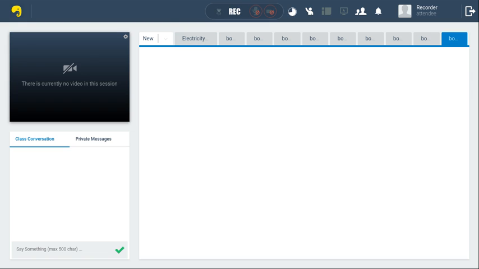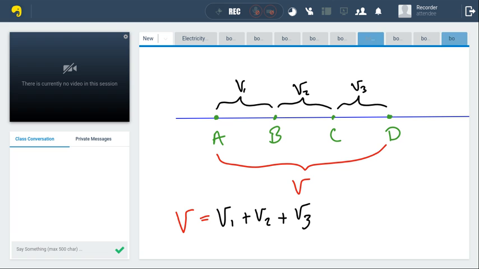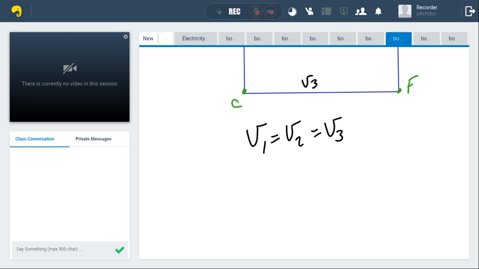On the voltages, voltages in series, voltages in parallel.